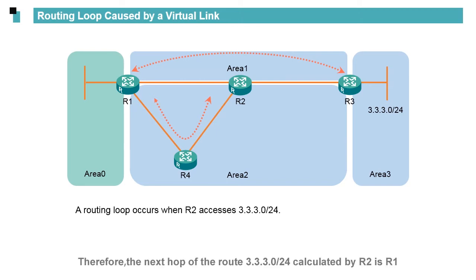Therefore, the next hop of the route 3.3.3.0/24 calculated by R2 is R1, and the next hop of the route 3.3.3.0/24 calculated by R1 is R3. When R1 sends a data packet to R3, the data packet first reaches R2. R2 then forwards the packet to R1 through R4.